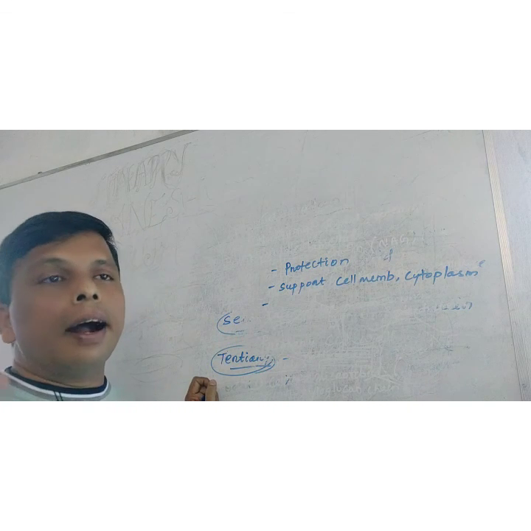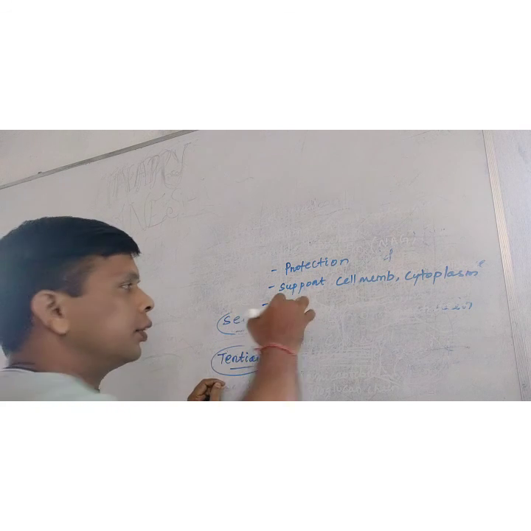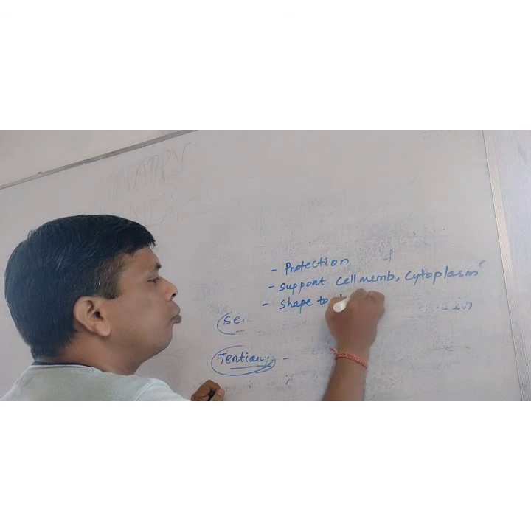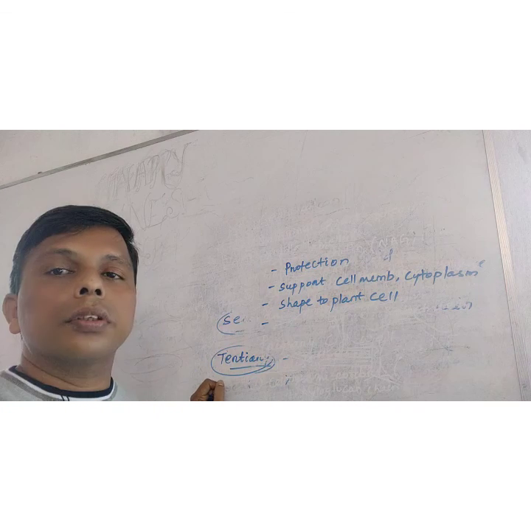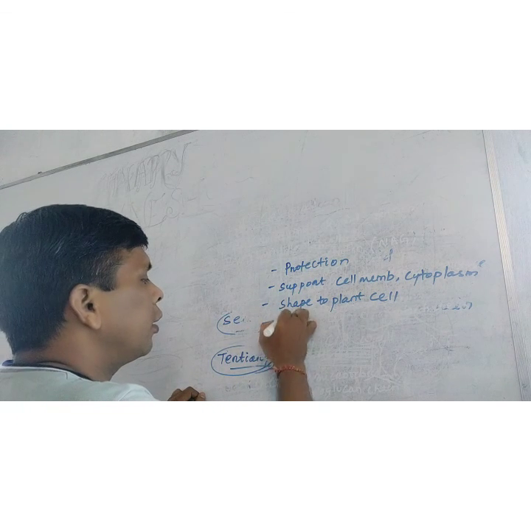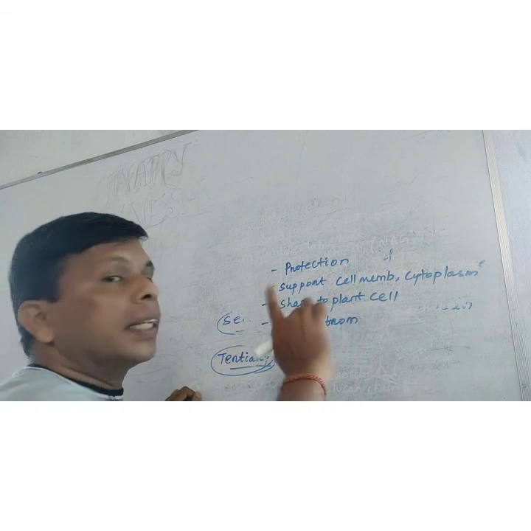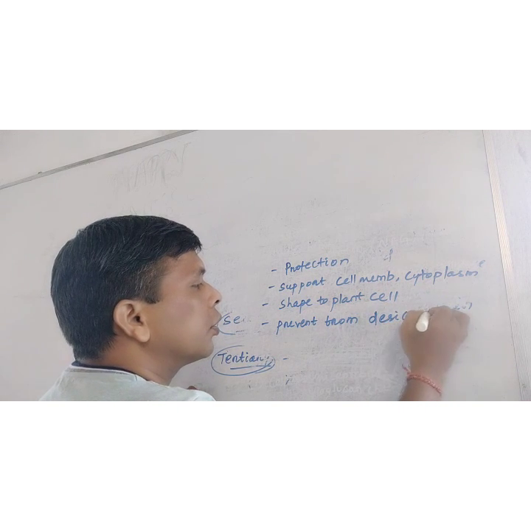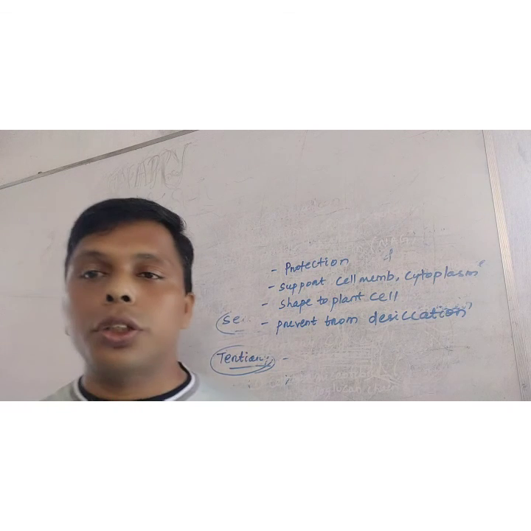Then the third function: it provides a definite shape to the plant cell, and also prevents the cell from desiccating or bursting. These are the basic usual functions of the cell wall.